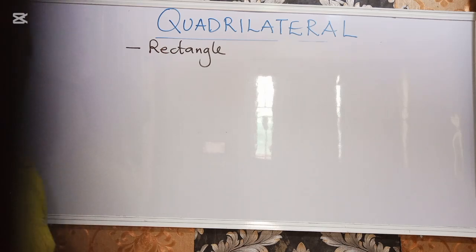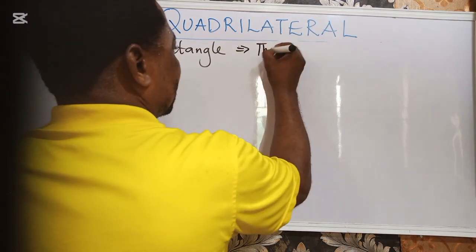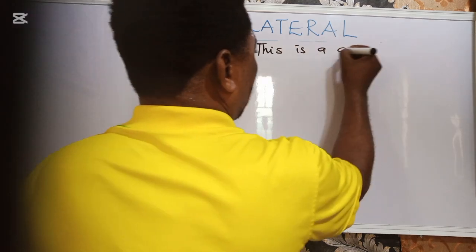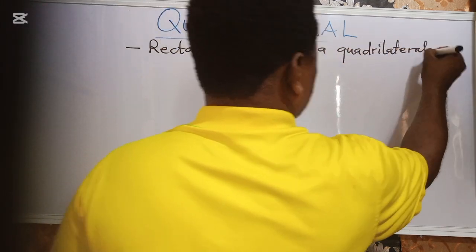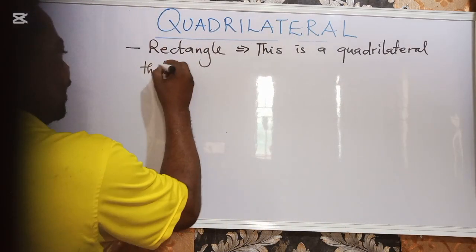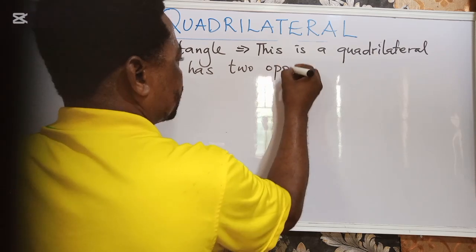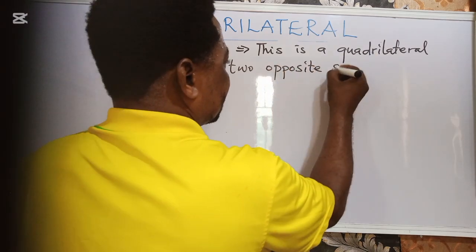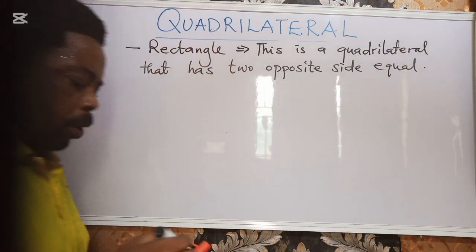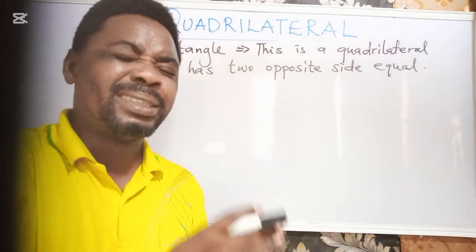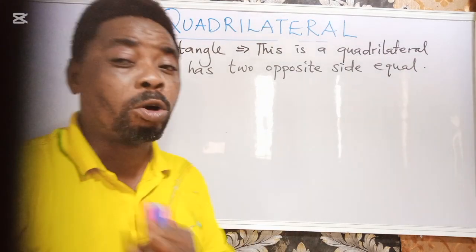Now, rectangle. What is a rectangle? A rectangle is a quadrilateral that has two opposite sides equal. When we want to define them, we use the thing that is special about them, that makes them different from other quadrilaterals.